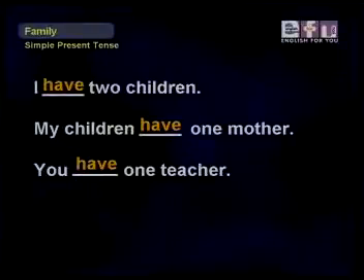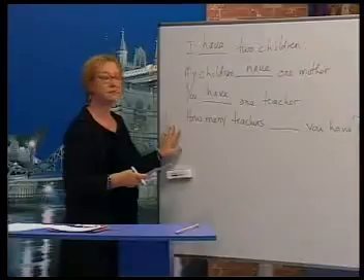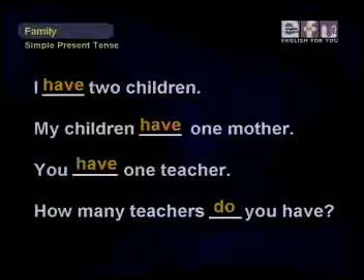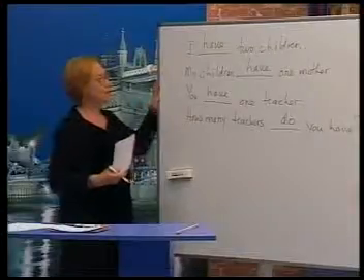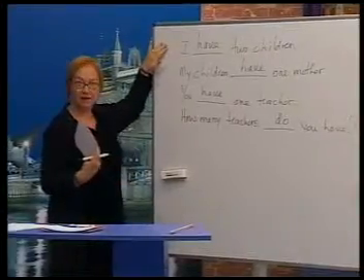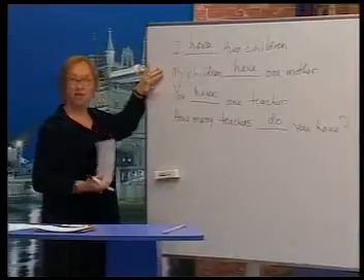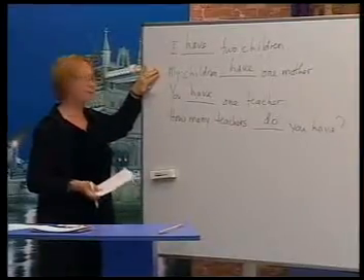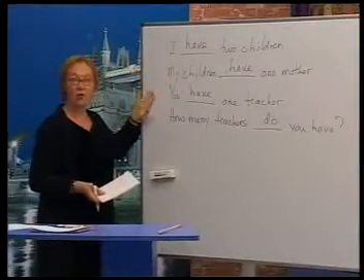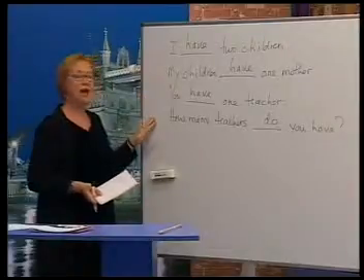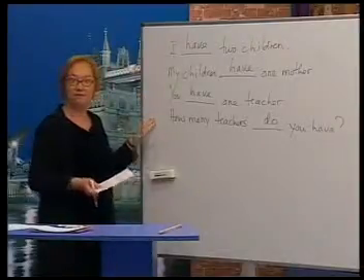Yes, you have 1 teacher. And Lisa. How many teachers do you have? Yes, good. So again, I have 2 children. My children have one mother. You have one teacher. How many teachers do you have?